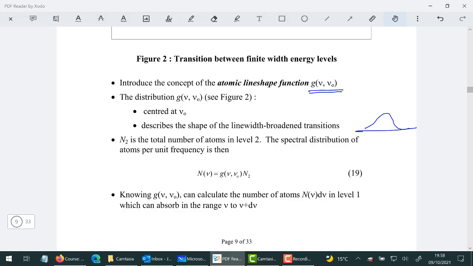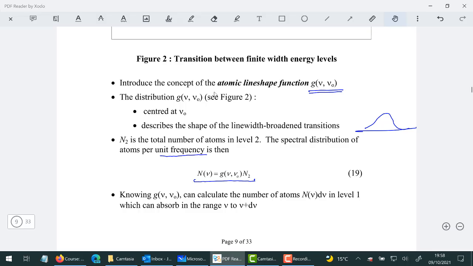So if again we have N2 as the total number of atoms in level 2, then what we can say is that there is a distribution of atoms in level 2 which will follow the same sort of line shape function. So the number of atoms per unit frequency is then given by the line shape function times N2.